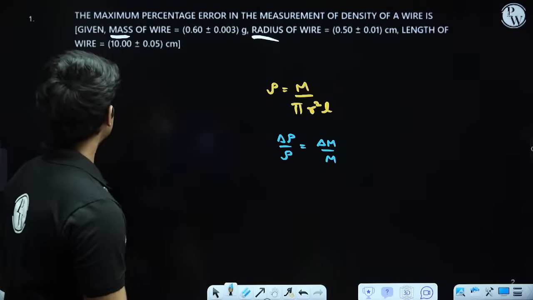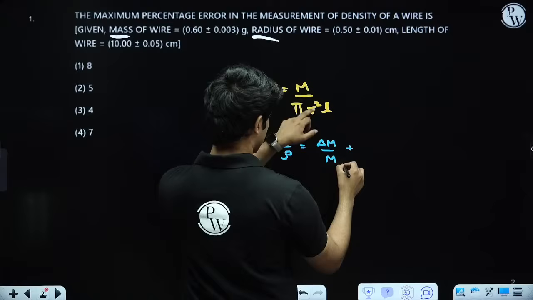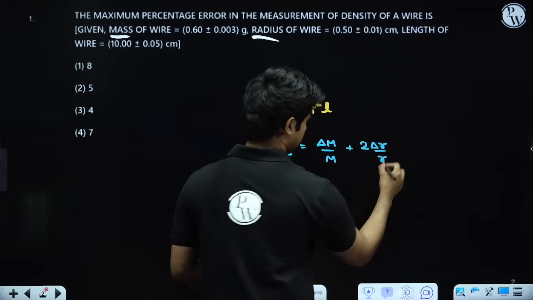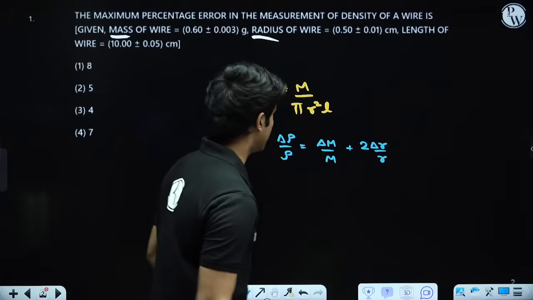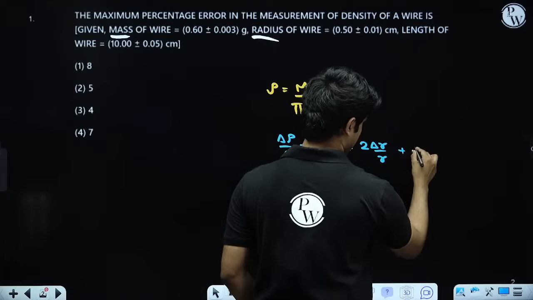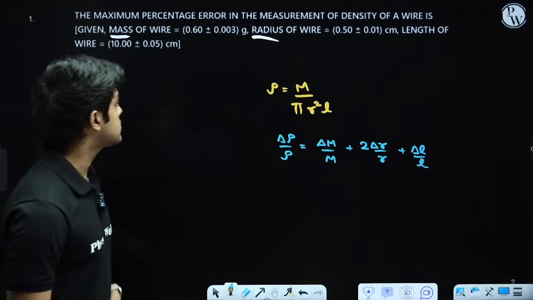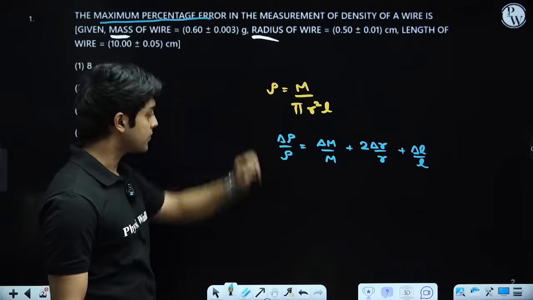They didn't mention it, but the length is also given, and everything has some calculation error. So plus 2 delta r by r. This 2 is because the exponent of r is 2. And then we also have delta l by l. Finally, after calculating this, we'll multiply it by 100 because we want the percentage error.